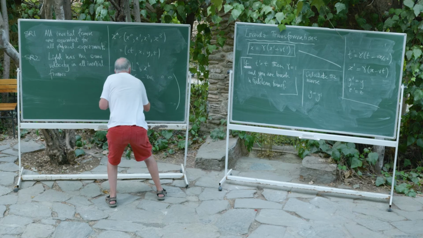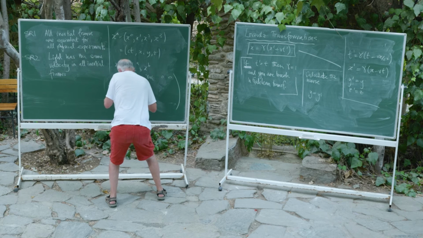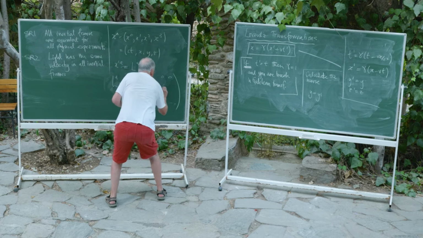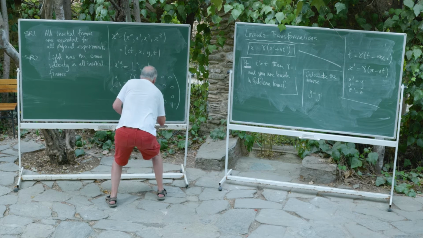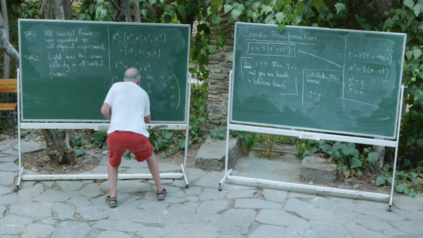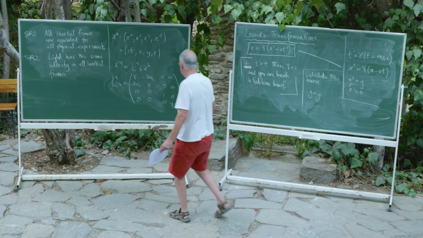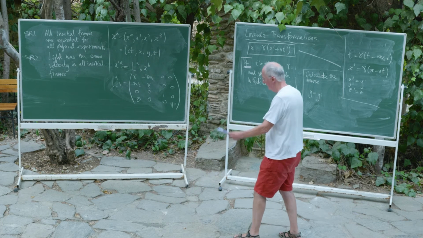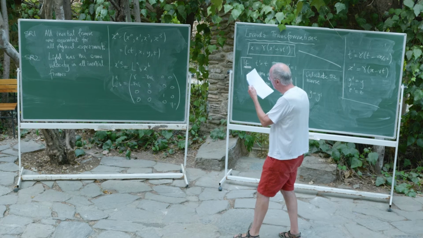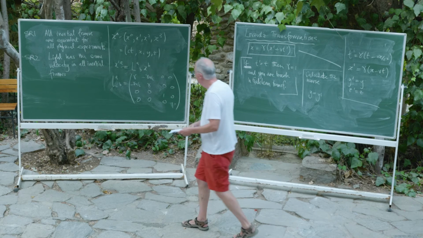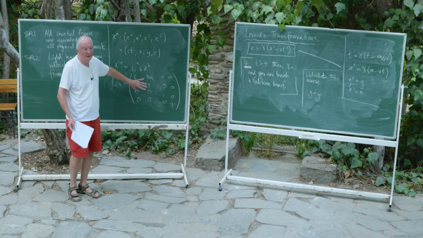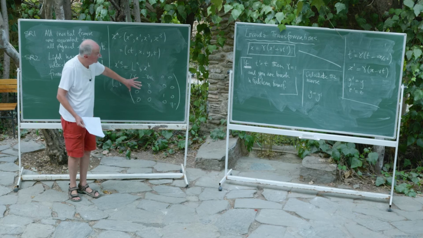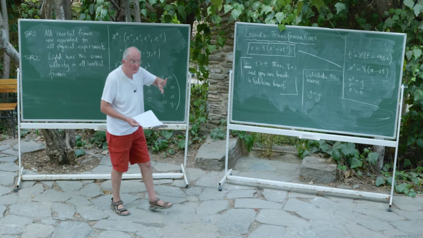Minus gamma. Did I do that right? Yeah, that looks right. So that's the Lorentz transformation in the form of a matrix. That's the Lorentz transformation for the two frames in standard configuration.